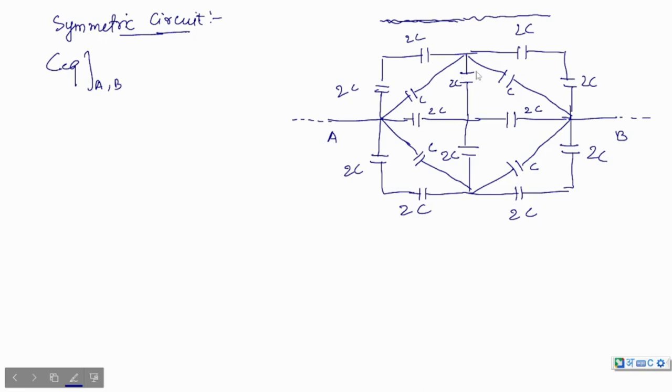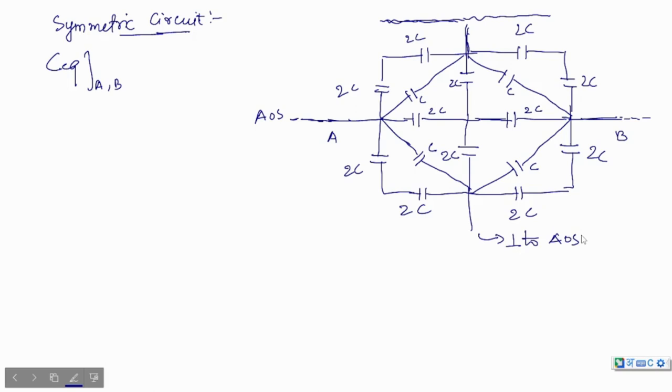See, this is your axis of symmetry. It is a horizontal axis of symmetry, and this line is perpendicular to the axis of symmetry.